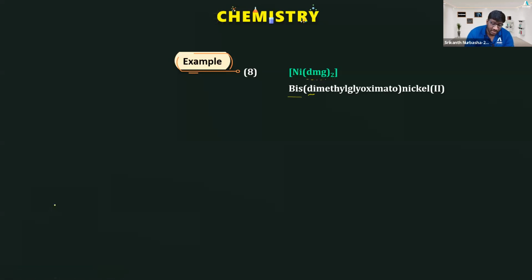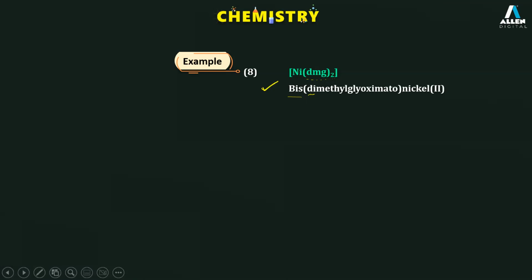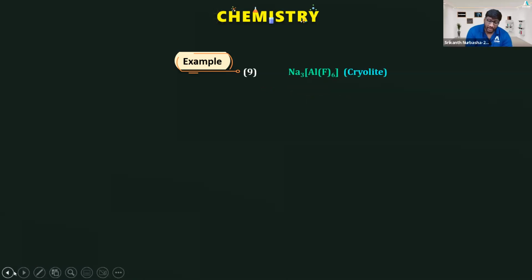Since the metal is not in an anionic complex, you can simply write nickel. Else we would have to write nickelate. And the oxidation state of nickel is 2. Bis(dimethylglyoximato)nickel(II). Is that clear, students? Yes, sir.